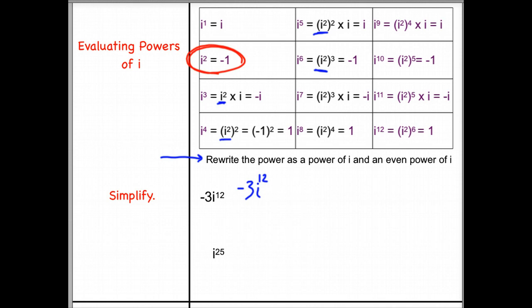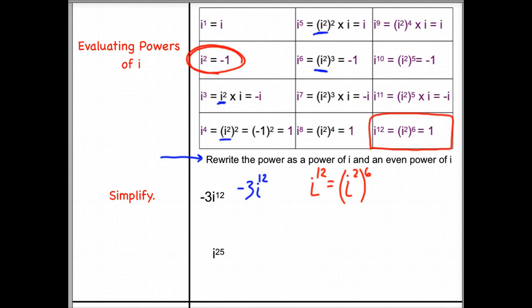So if we simplify negative 3i to the 12th power, I'm going to ignore the 3 right now and just work with i to the 12th power. We can rewrite i to the 12th power as i squared to the 6th. It's actually up here in this red box.